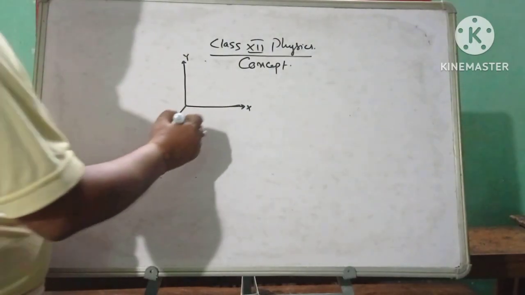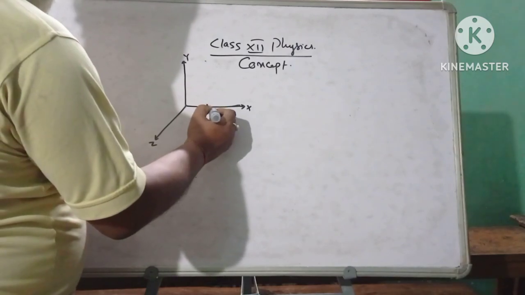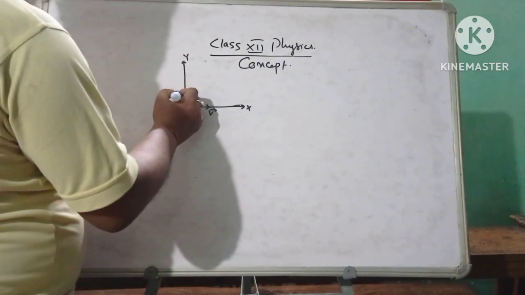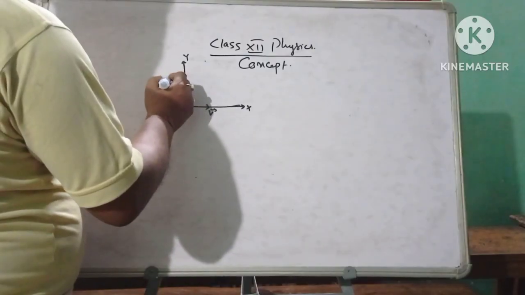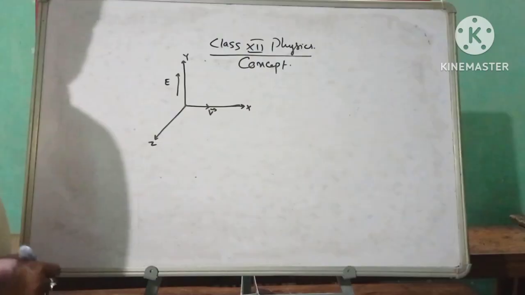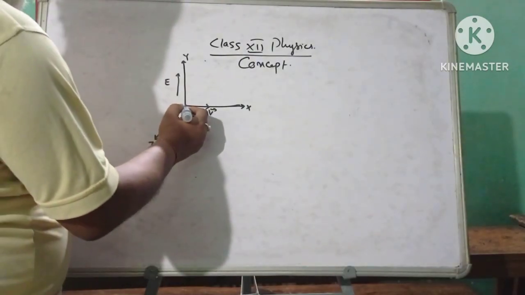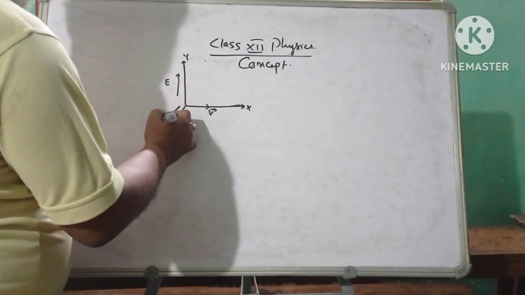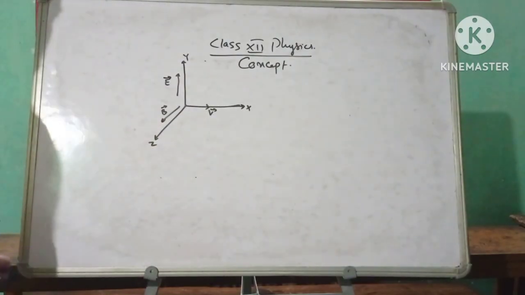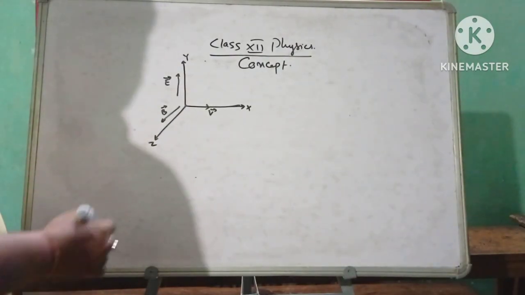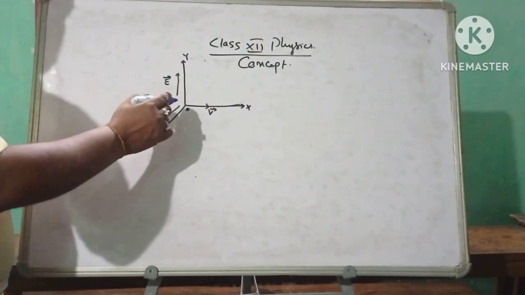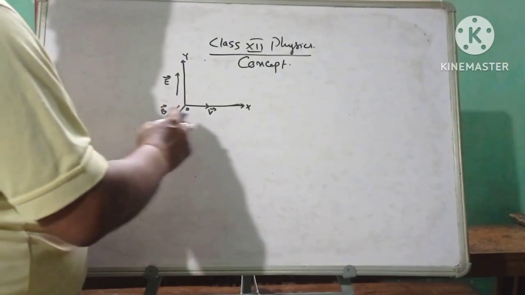Now let a charge q be moving with velocity v, and an electric field is applied in the y direction. And the magnetic field is applied in the z direction, and the charge q with velocity is moving in the x direction.